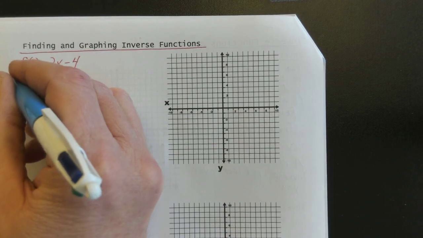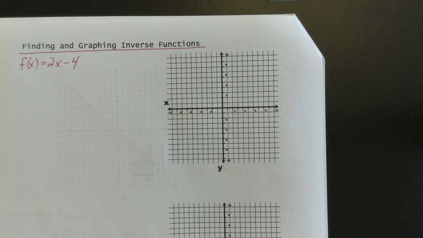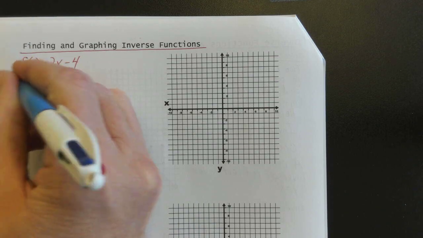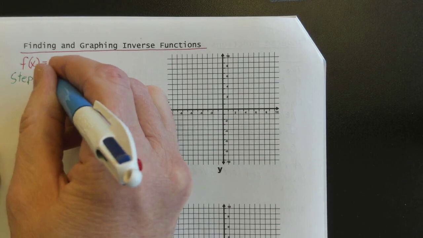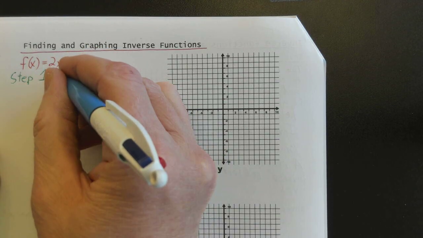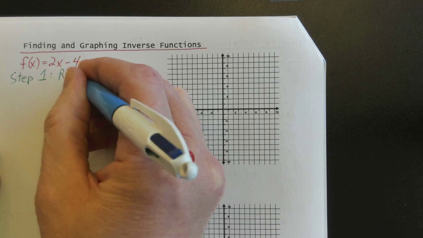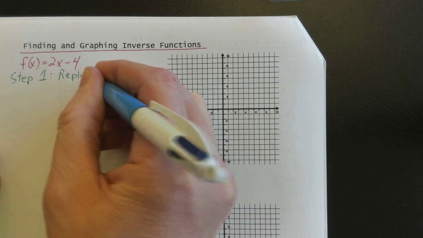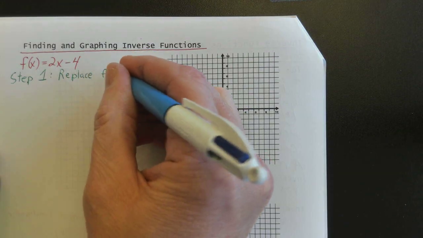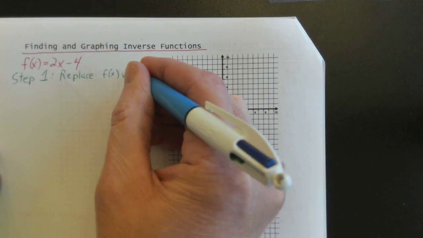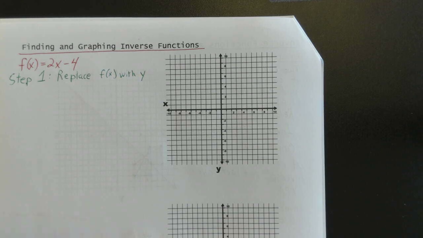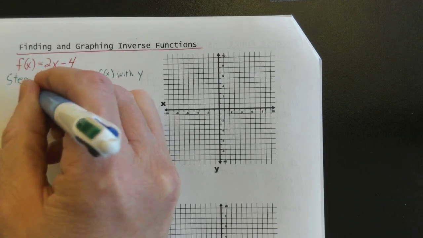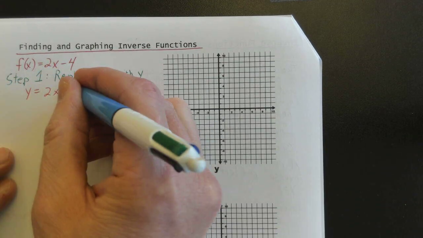But it's a step-by-step process that we're going to write down here. So step 1, whenever we're doing this, we're going to replace f of x with y. That makes y equals 2x minus 4.